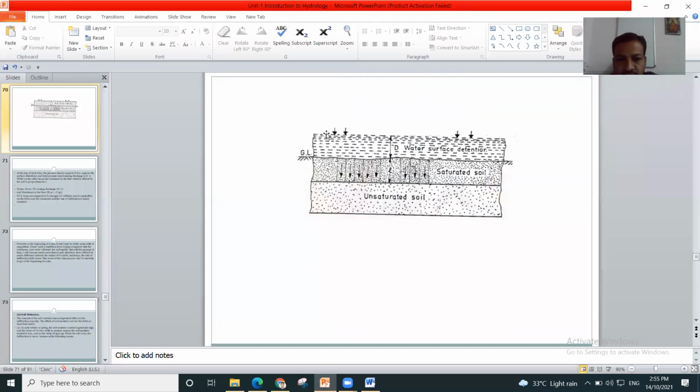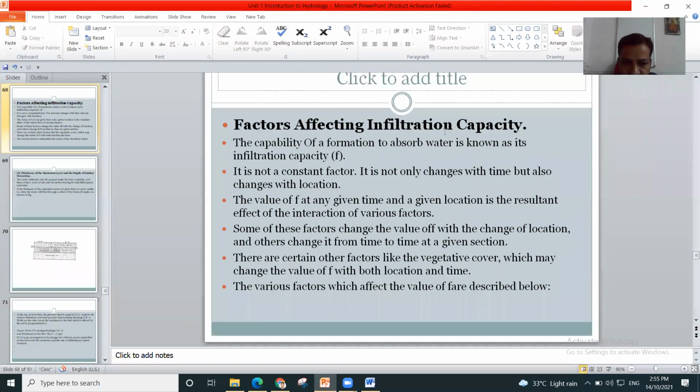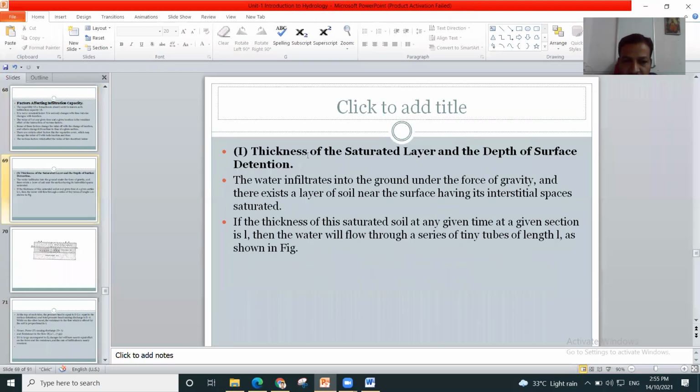In the next lecture, we will see the remaining factors which are responsible for determining the infiltration capacity. So पहिला factor आपण पाहिलाय thickness of saturated layer and depth of surface detention. तुम्हाला इथपर्यंत any difficulty in this? Okay. The remaining factors we'll see in the next lecture.